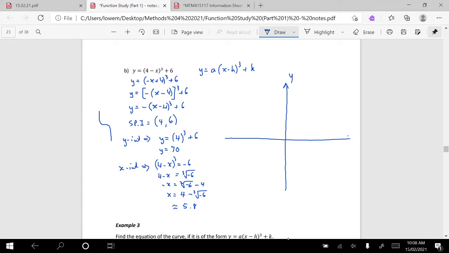Okay, I just want to emphasize, even though I'm not using a ruler here because it's not very easy on the computer, when you're doing it, just put your axes in there with a ruler. It just makes it neat and easy to understand. So we've got our stationary point of inflection at 4, 6. So maybe here somewhere. Actually, I'll locate it a little bit differently because we've got our intercept here at 70.